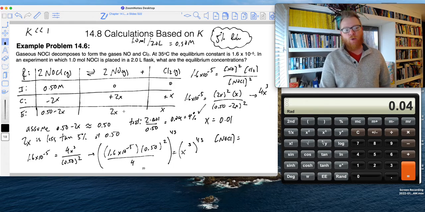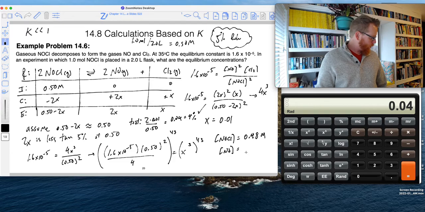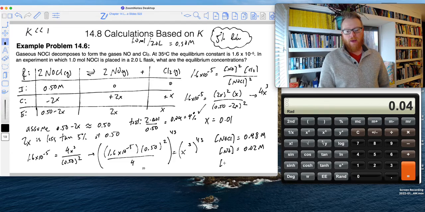When I plug that 0.01 back into this expression, that becomes 0.48 molar for NOCl. NO equals 0.02 molar, and Cl2 is going to equal 0.01 molar. And these are our equilibrium concentrations.